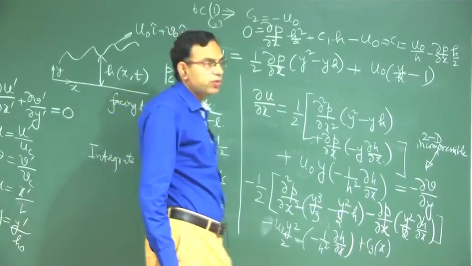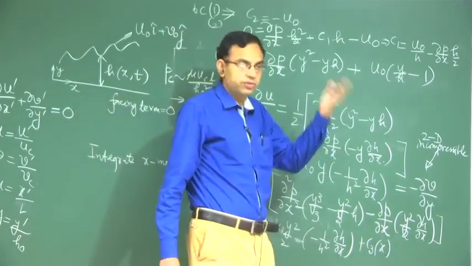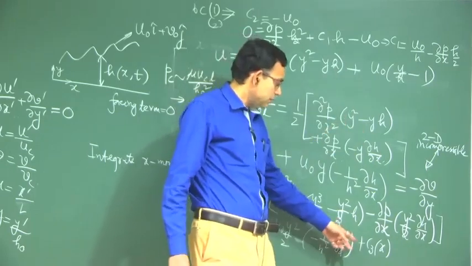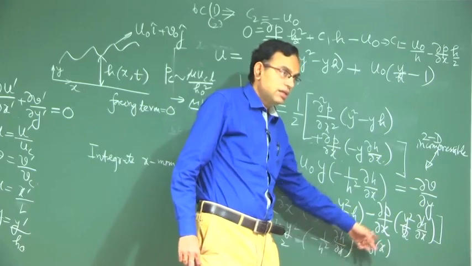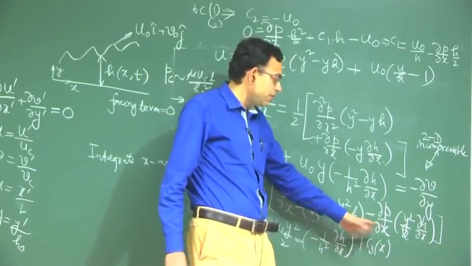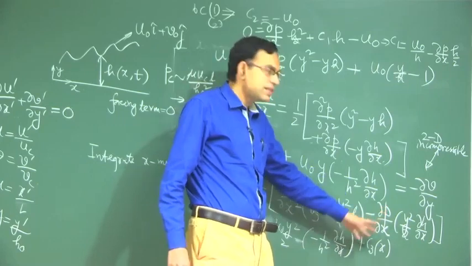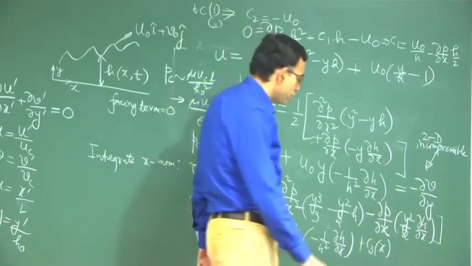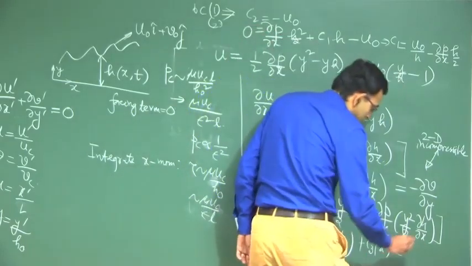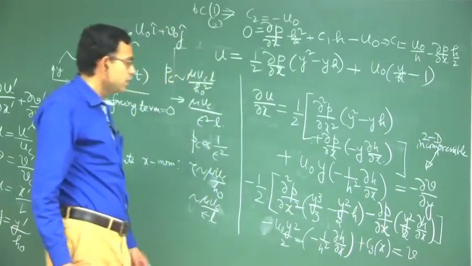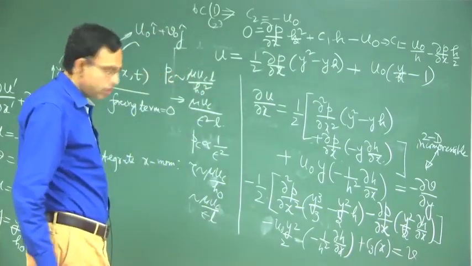In principle v could be a function of t also, time also, right. So, this you may extend it to be a function of both x and time, but eventually you will get this as a constant value by satisfying the boundary condition. So, this is v. So, what boundary condition we will now substitute here?